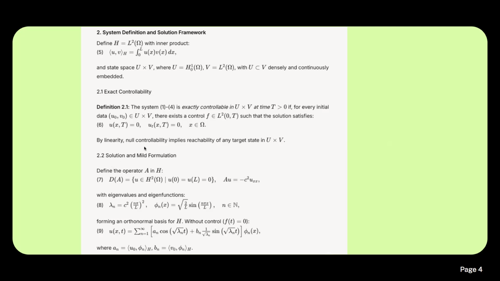Usually we only focus on null controllability, but null controllability implies the reachability of any target state in U times V.